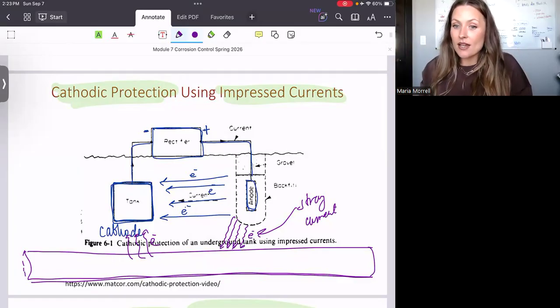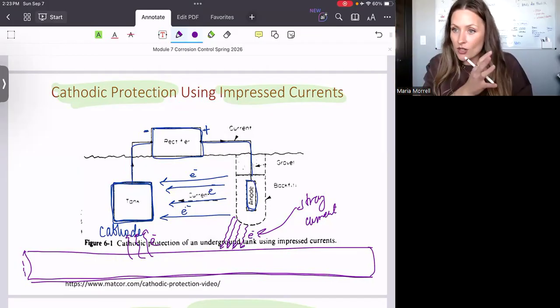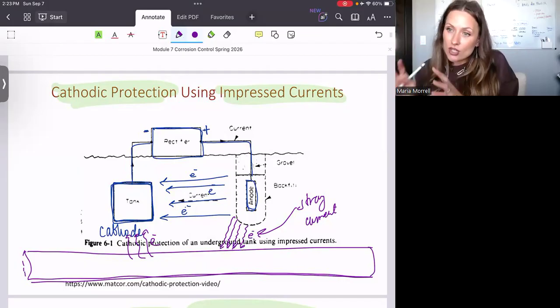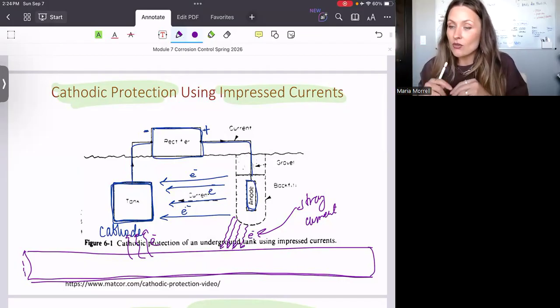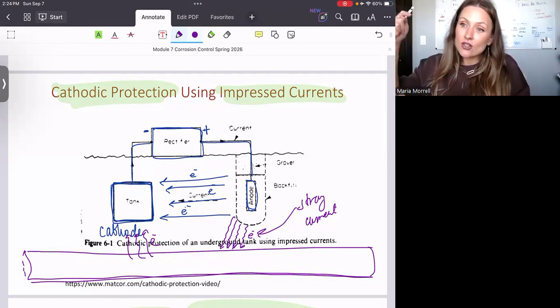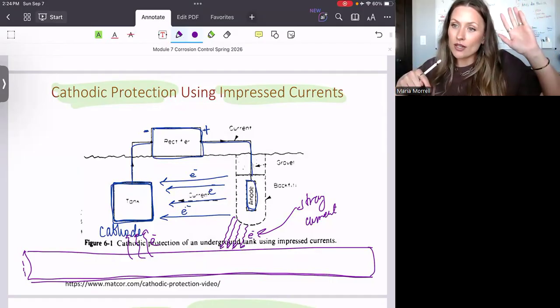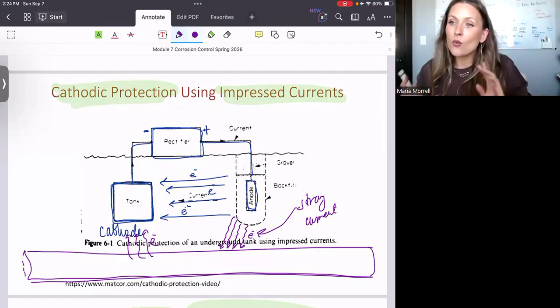And what happens is that I'm sending quite a bit of current to protect my tank the way it should, but there is a portion of the current, which we call a stray current, because it just escapes. Okay? And it enters his pipe, travels through his pipe, and then comes out somewhere next to my tank. So what's going to happen?